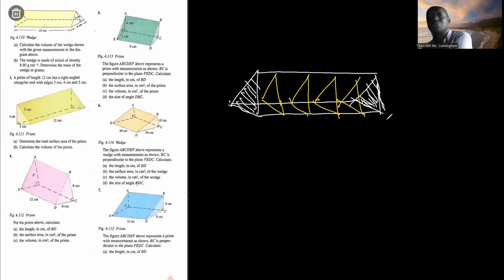Same triangles. So the shape at the ends of a prism is called the cross section. Very important. I'll be using that word from now on.